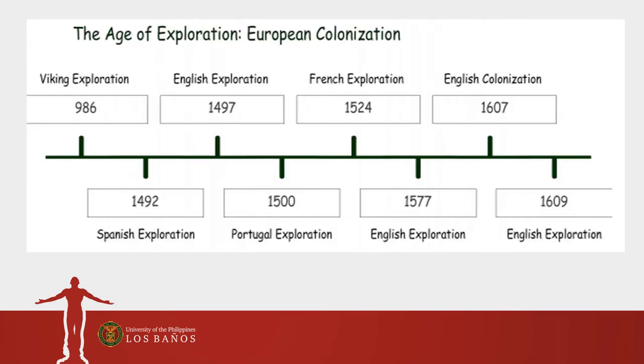So you can see here that the end of the Middle Ages was the age of exploration, the age of European colonization. So in the 1500s, you can see English, French, Spanish, and Portuguese explorations.